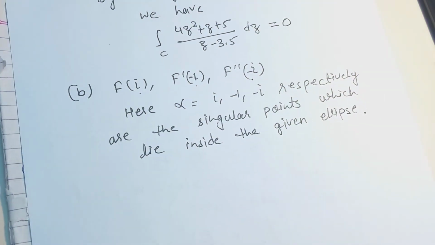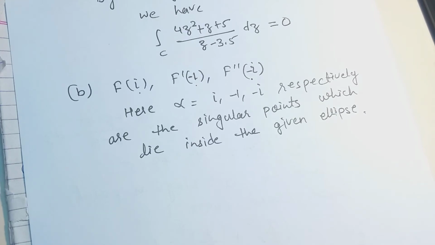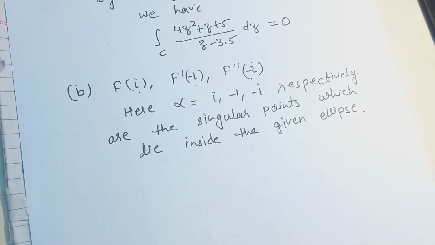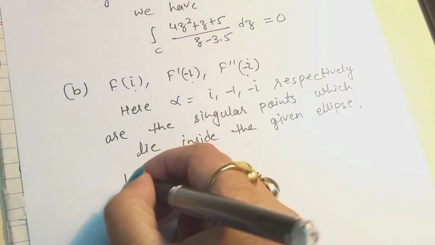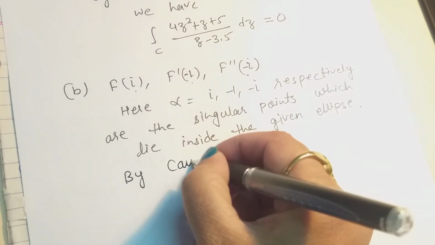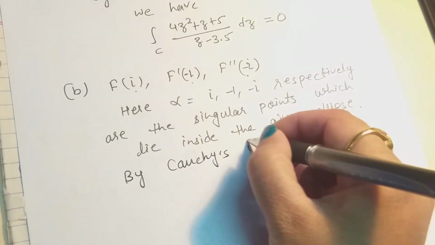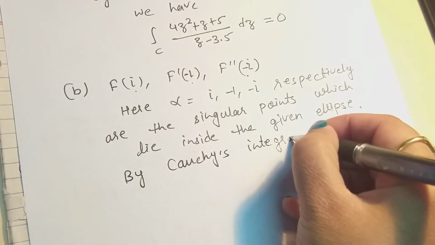So the function is not analytic inside that ellipse, and we cannot apply Cauchy's integral theorem here. So what do we apply? We apply Cauchy's integral formula.